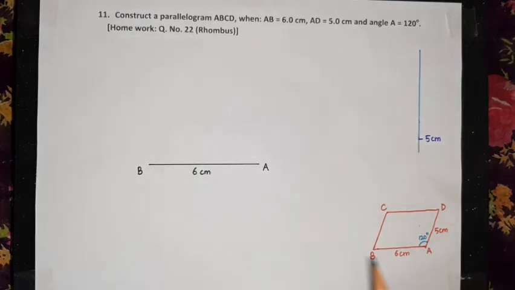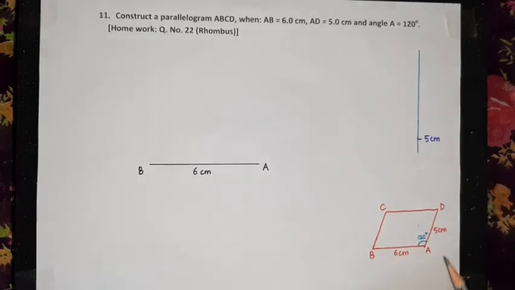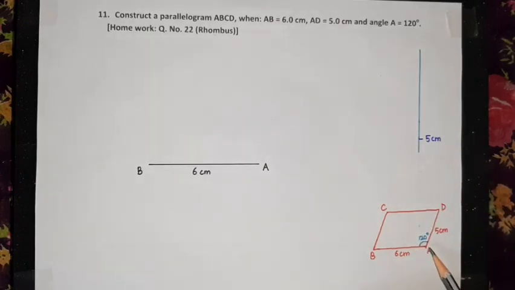Now let us go back to our work. So here it is said that angle A is 120 degree. So as I said, from the first constructions, first you need to construct the given angle. So in my rough diagram I have marked 120 degree out here. This looks greater than 90 degrees, so that's why I am writing 120 degree here.